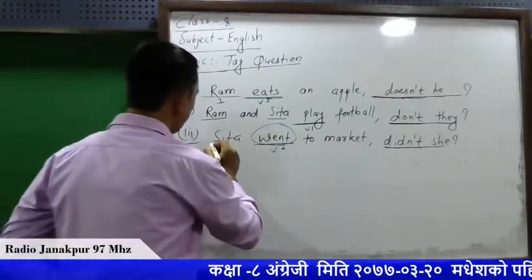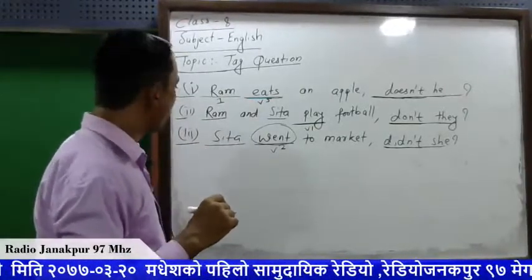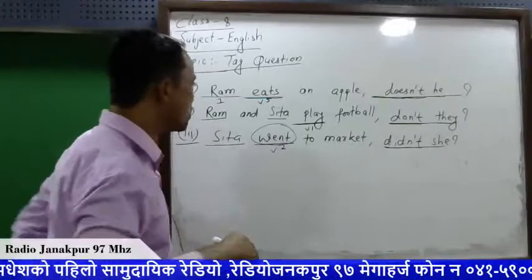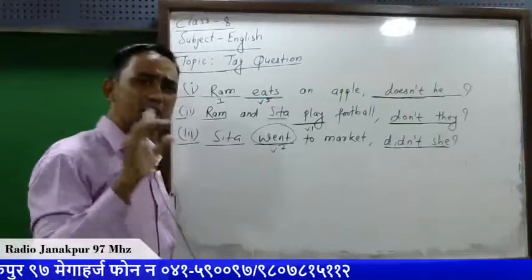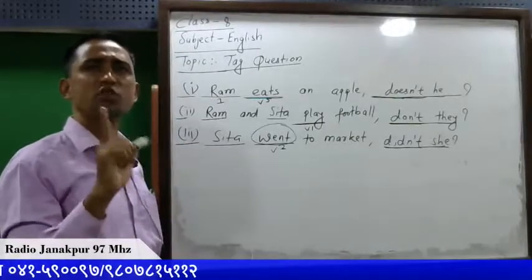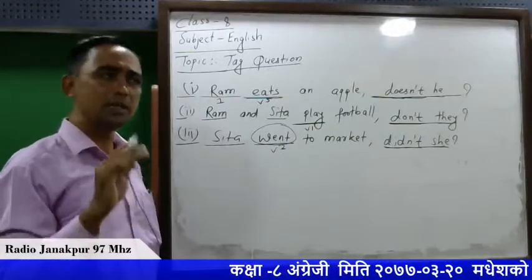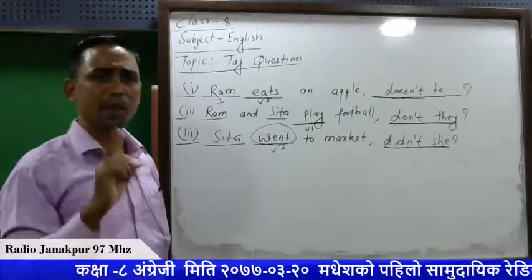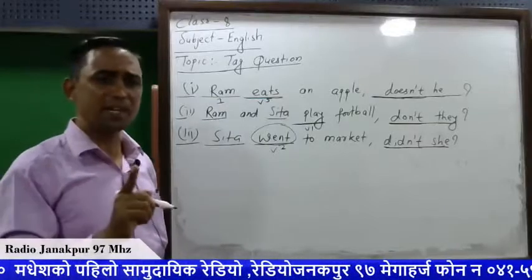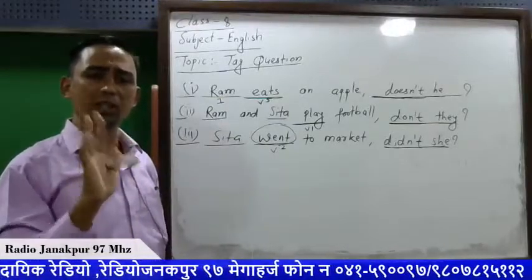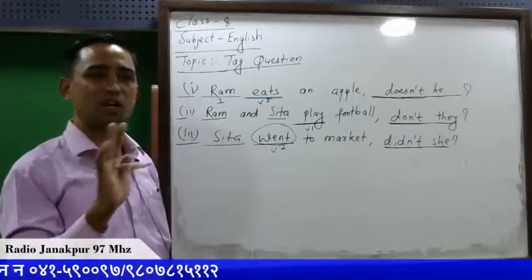And in the third sentence, here is one female, one feminine gender, we have used she in the question tag. So if there is any one masculine gender, we should add he in the question tag. If there is any one feminine gender in the sentence, we should add she in the tag. And if there are more than one masculine or feminine gender, we should add they in the tag question.